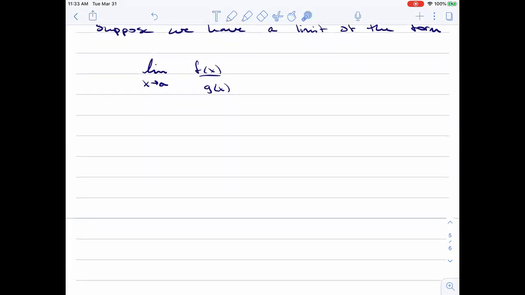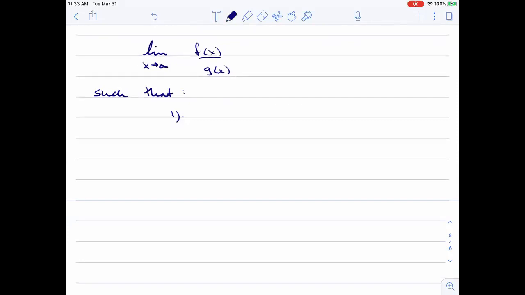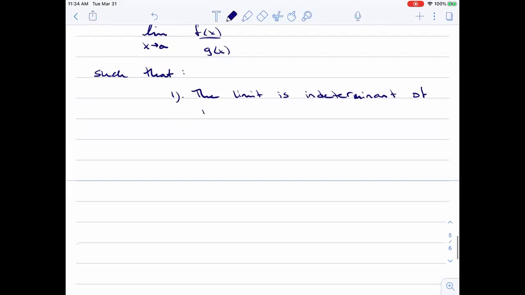A trick later that we'll use is to rewrite our limit as a fraction, but we'll get there. Such that the first condition is that the limit is indeterminate of the form 0 over 0 or infinity over infinity.